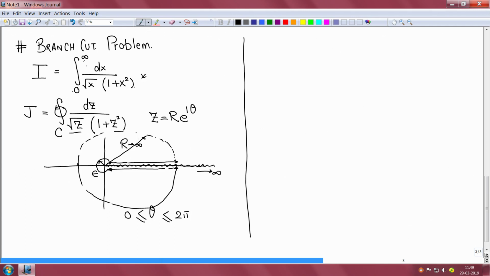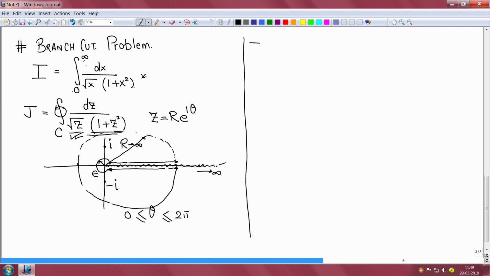And my closed contour, because of square root of z, has a branch cut that goes from 0 to infinity, and I have isolated poles at z equal to plus i and z equal to minus i. So now how to solve this problem?